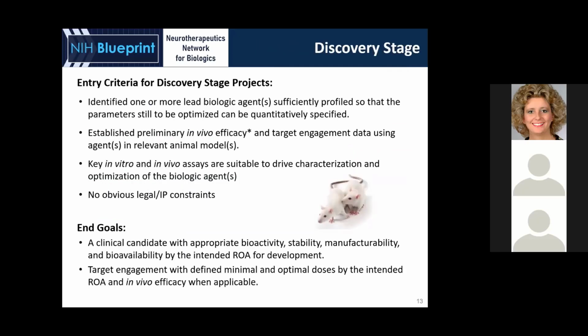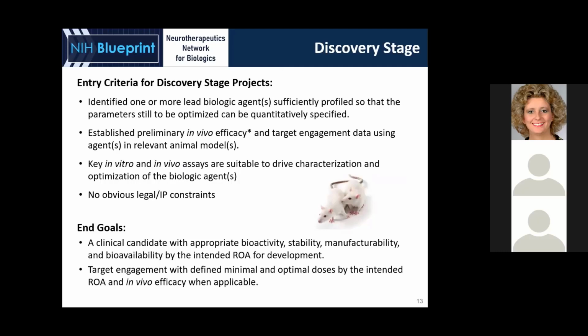So let's look at the discovery stage projects. When looking at the entry criteria for a discovery stage project, you want to have identified one or more lead biologic agents that are sufficiently profiled so that the parameters still to be optimized can be quantitatively specified.